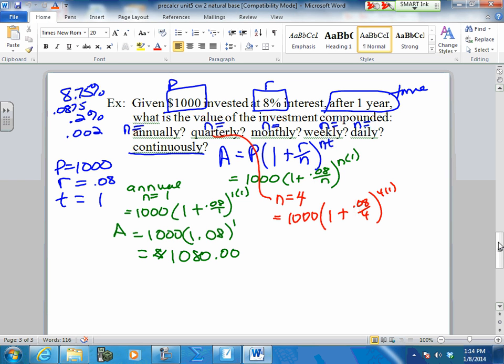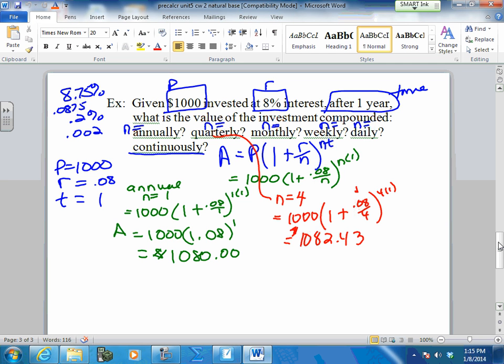You don't want to recalculate this, then add it, then do it. Put the whole thing in your calculator at once. Your rounding should only happen at the end. Shouldn't it be smaller? No, it should be larger because you're compounding more times a year. You're going to see the difference is not the greatest, but it still is a little bit larger. So a little bit more money when they compound quarterly.